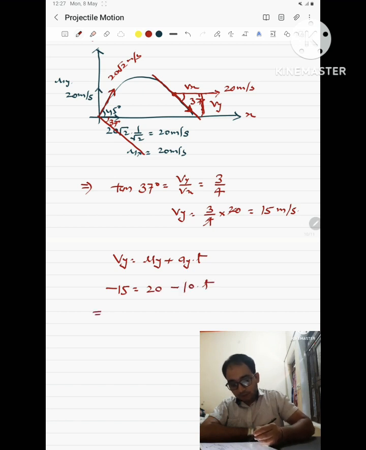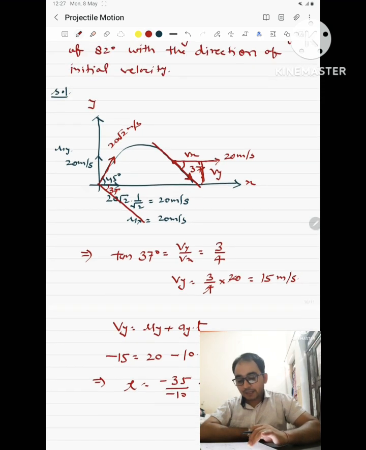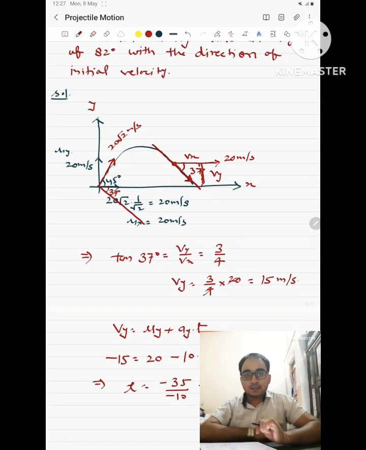If we solve this, we will get t equals minus 35 upon minus 10, that is 3.5 seconds. So at t equal to 3.5 seconds, the velocity will make an angle of 82 degree with the initial velocity.